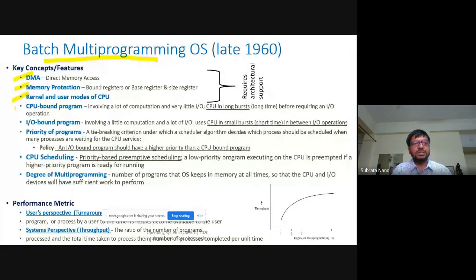And then there is a concept called CPU bound program and IO bound program, and we'll see how these are useful. So we say that multiple programs can coexist, or can be loaded in the system. A CPU bound program is one that is most of the time busy using the CPU. So the CPU time that it requires is the most.